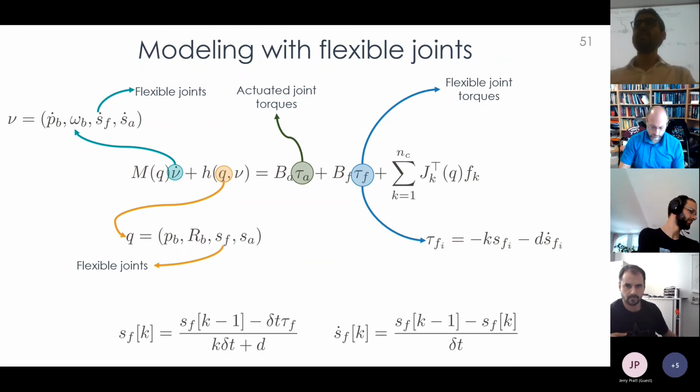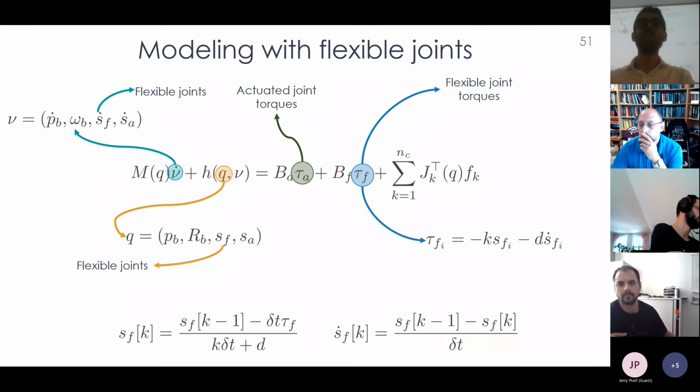It's important to notice that if we discretize the flexible joint dynamics, it's possible to write a sort of estimator for the joint positions and velocities that depends on the previous state and on the current torque of the flexible joint.